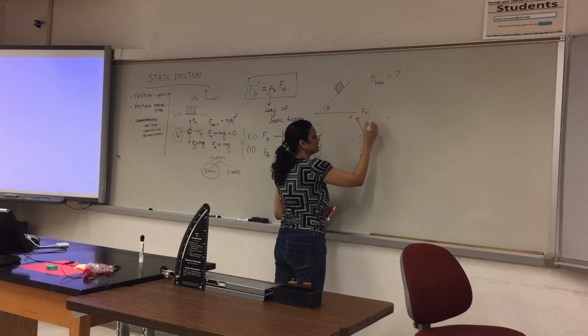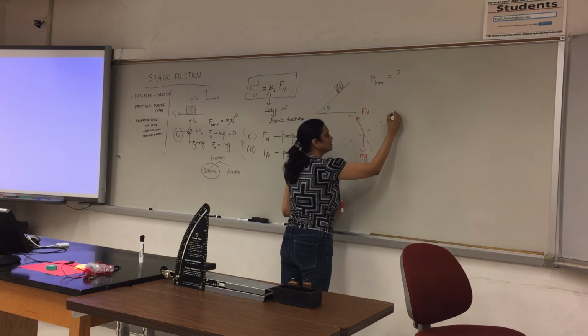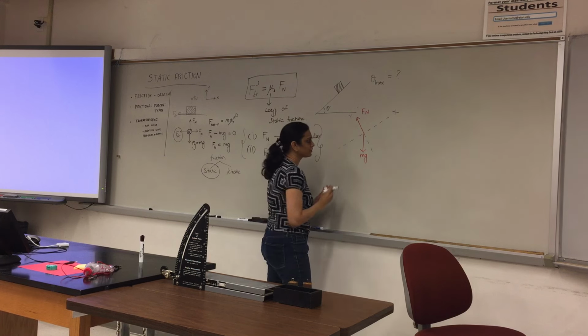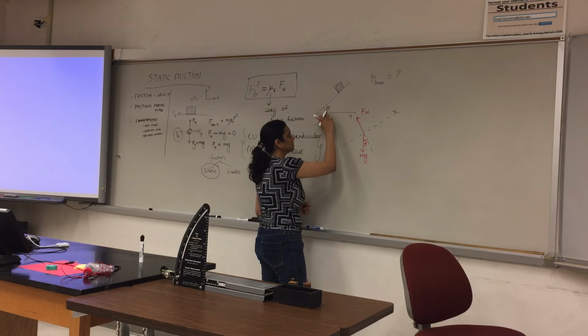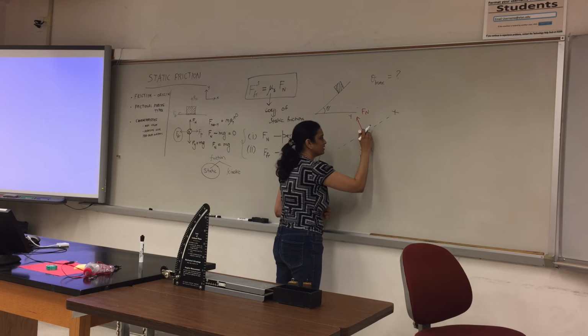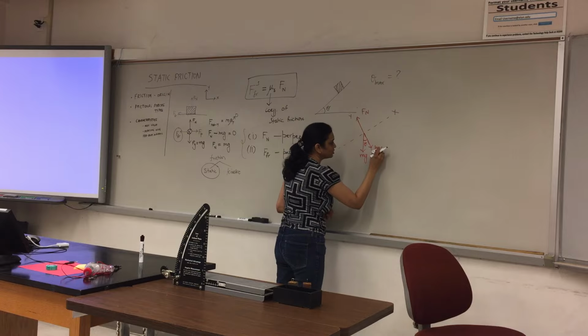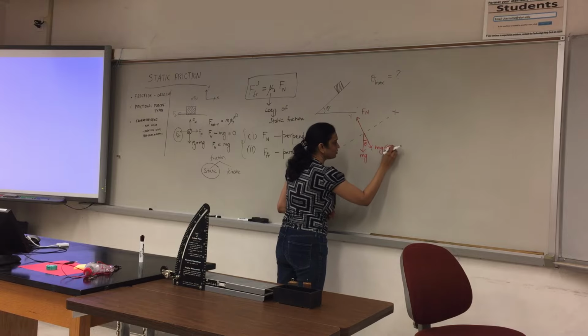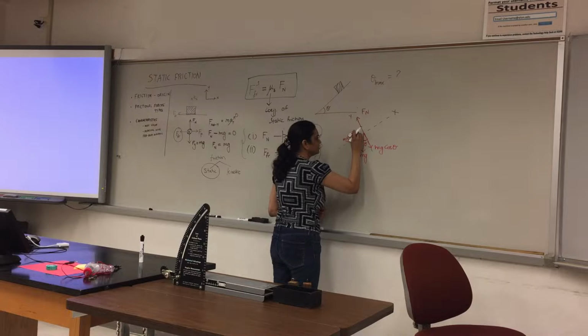I'm going to choose this as positive y and this as positive x. And this is theta, the angle of the incline, which from trigonometry is the angle between the y direction and mg. I'm going to resolve mg into its x and y components. That's the y component, and that's the x component, mg sine theta.